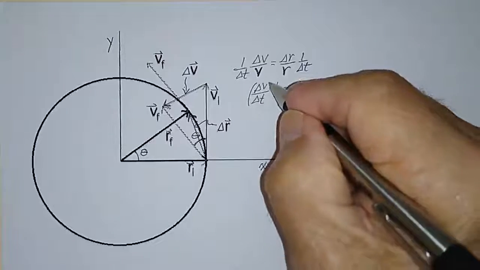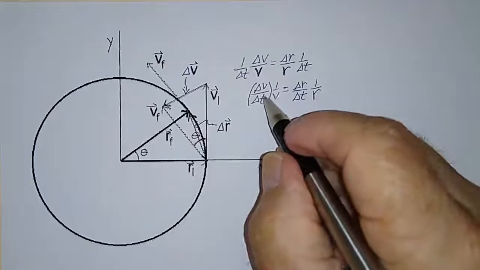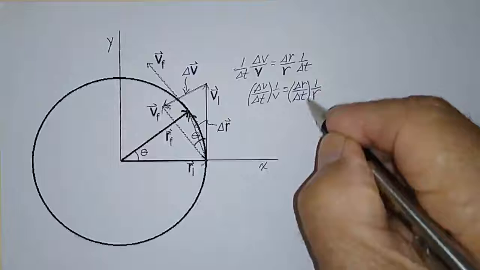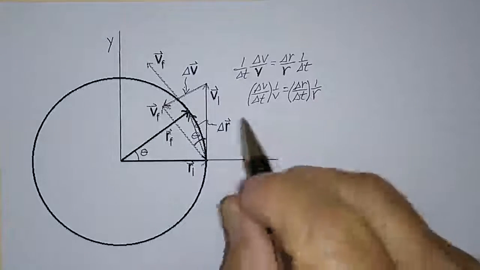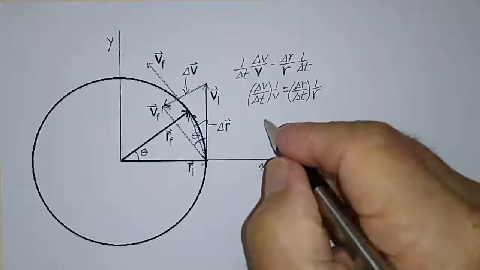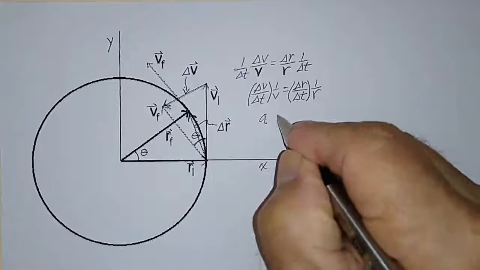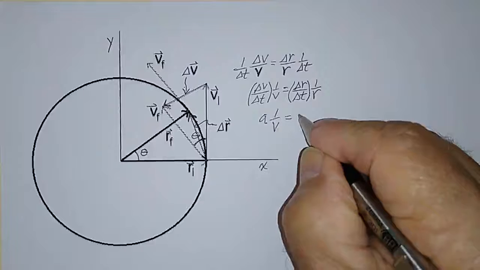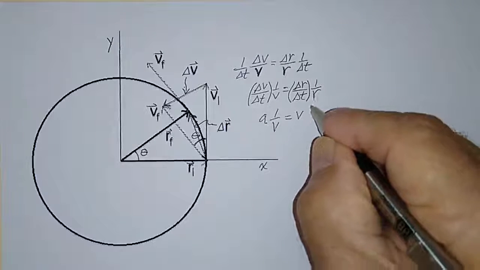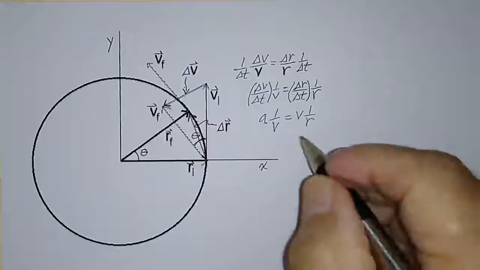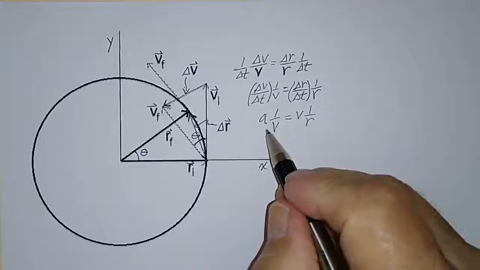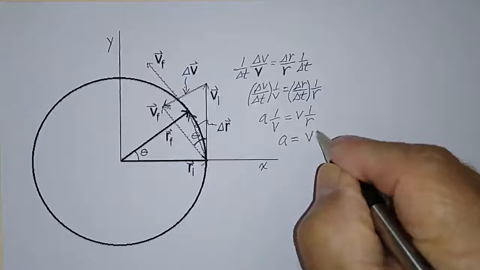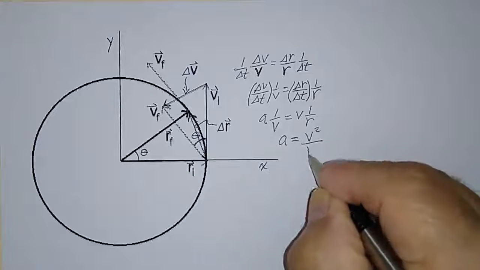And this is just the magnitude of the centripetal acceleration, and this is just the magnitude of the velocity. So I have that a times 1 over v is equal to v times 1 over r, or multiplying both sides by v, I have a is equal to v squared over r.